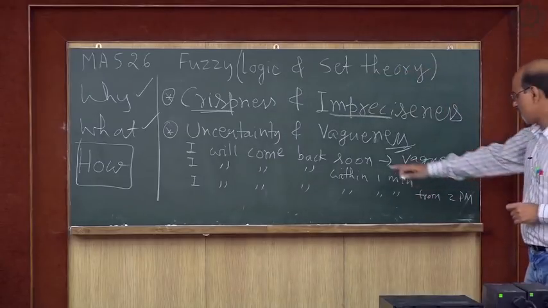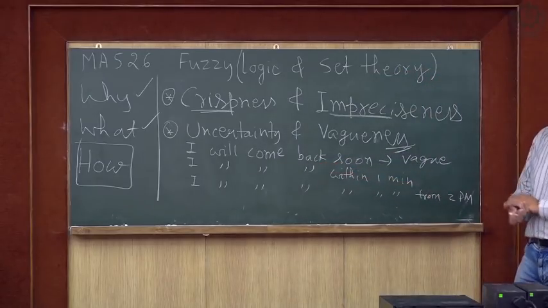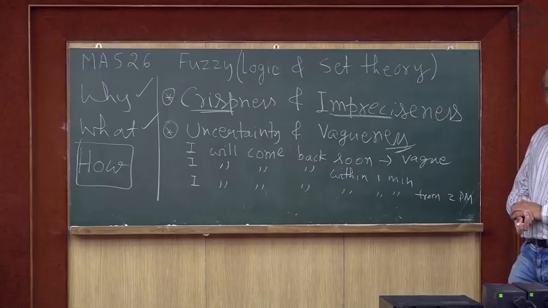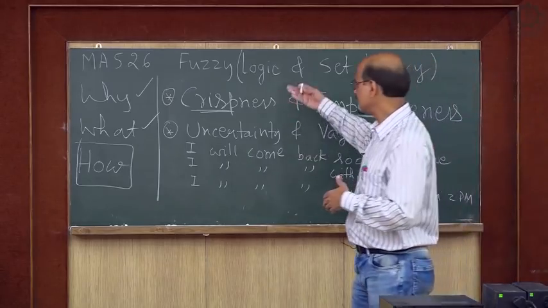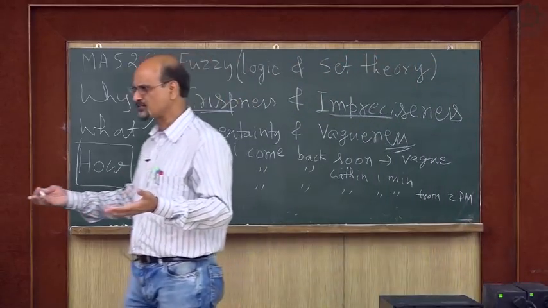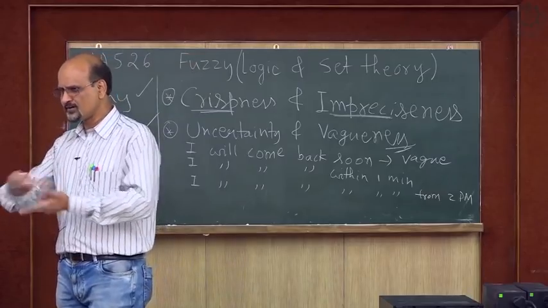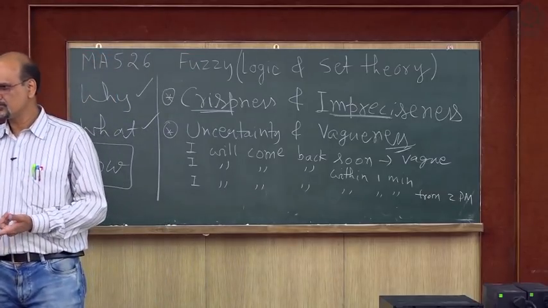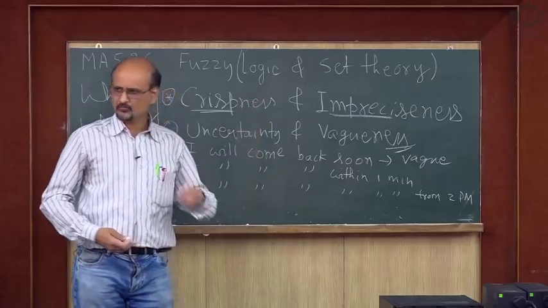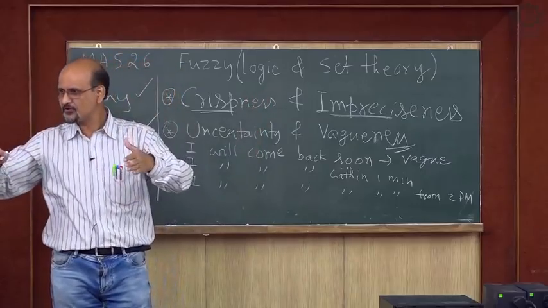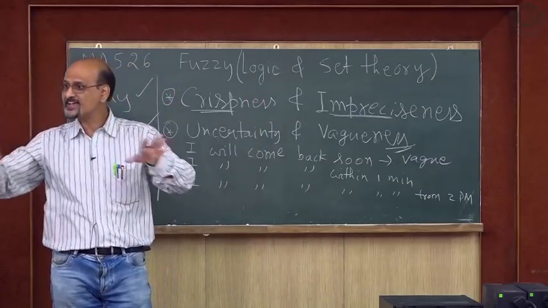Okay? "I will come back within 1 minute." That means the variation of this uncertainty is 1 minute. It may be 0 minute, just I can come within maybe 0.1 minute, 0.2 minute. So you have some boundary, but that is also not an exact boundary.